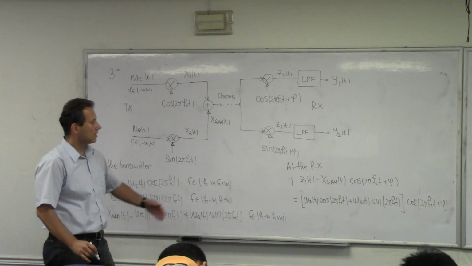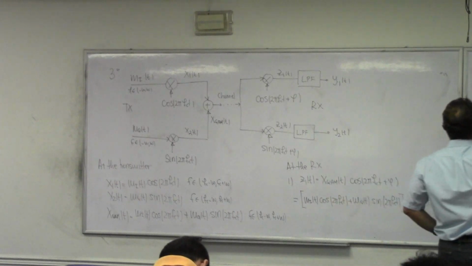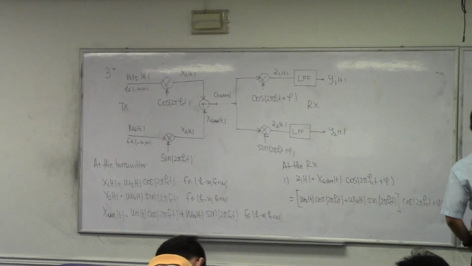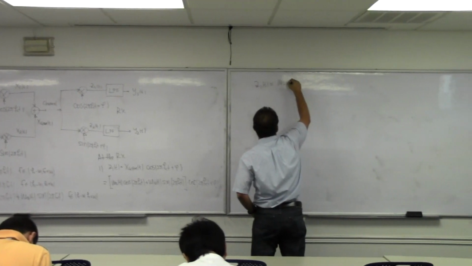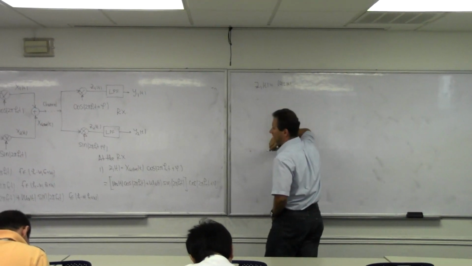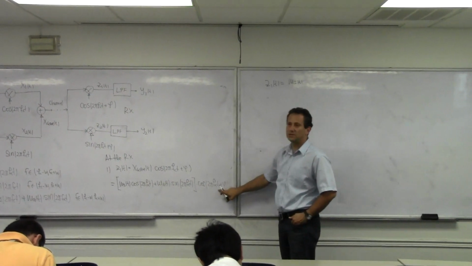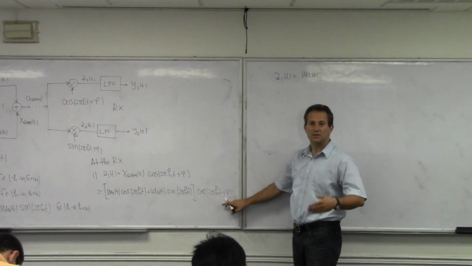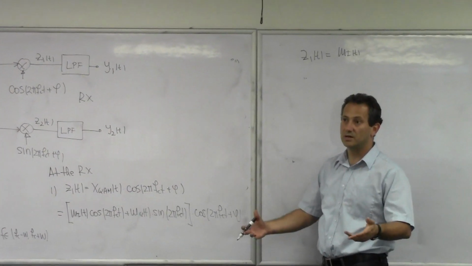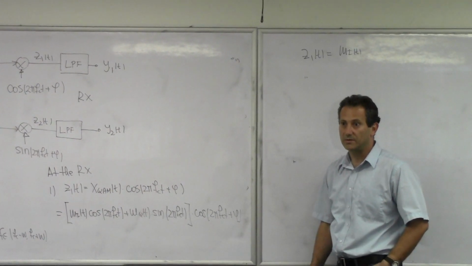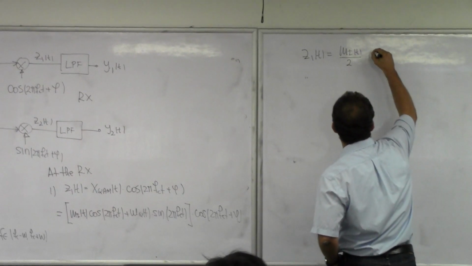Okay, so now let me expand on this expression here. So z1 of t is going to be mi of t, and then I have cosine 2 pi fct times cosine 2 pi fct plus phi. This is cosine alpha, cosine beta. I'm going to say this is 1/2 cosine of the sum plus cosine of the difference. So this becomes mi over 2.